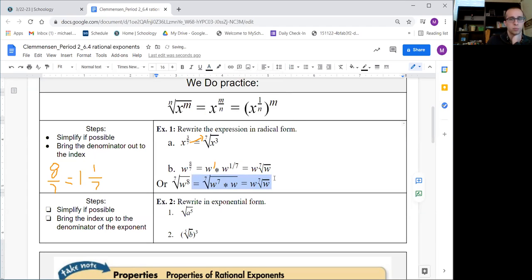So the process is pretty much the same in both ways. It just depends on whether you want to simplify it using fractions or simplify it using the radicals. Those are my two ways. Does anybody have any questions on this second way of solving? Or not solving, simplifying should be the word I use.